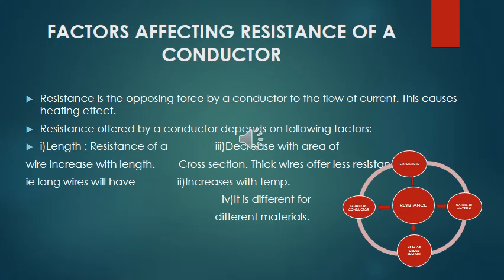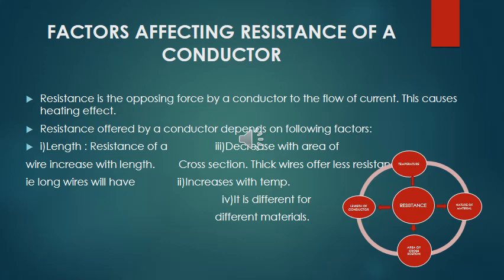In this slide, factors affecting resistance of a conductor are revised. Resistance is the opposing force by a conductor to the flow of current. This causes heating effect also. Resistance offered by a conductor depends on the factors length, area of cross section, then increase in temperature will increase resistance, and it's different for different materials.